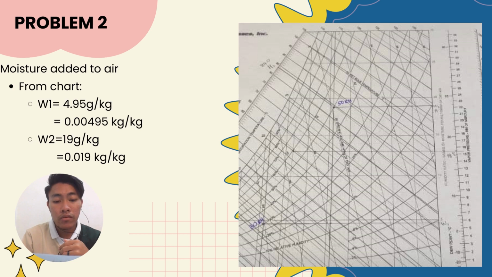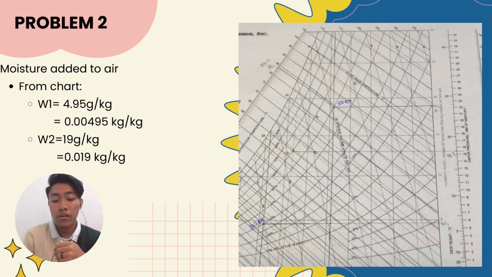The next value is the intersection of T2 and 50% relative humidity. Also, we make a horizontal line and label it as W2. For the final answer, we should have kilogram per kilogram, but the graph is in gram per kilogram, so both values we need to divide by 1000.